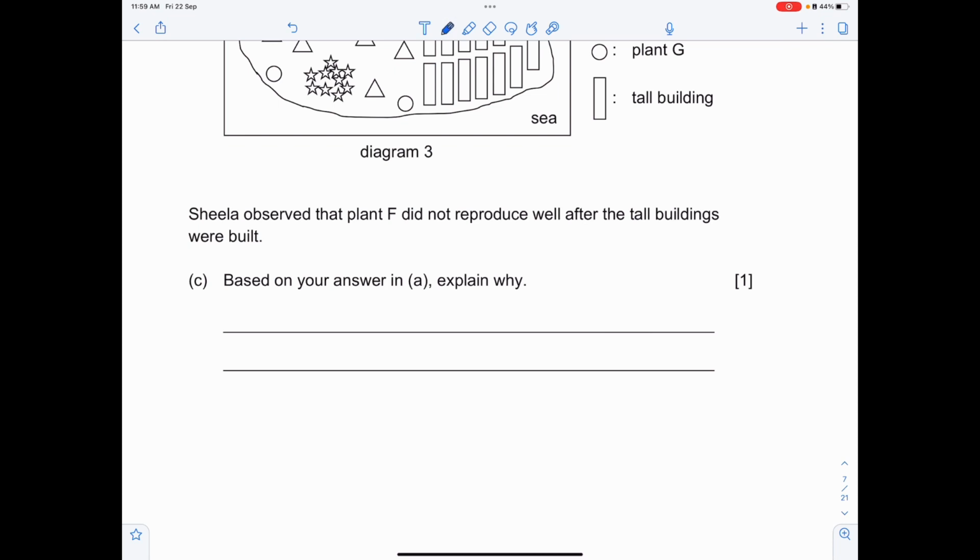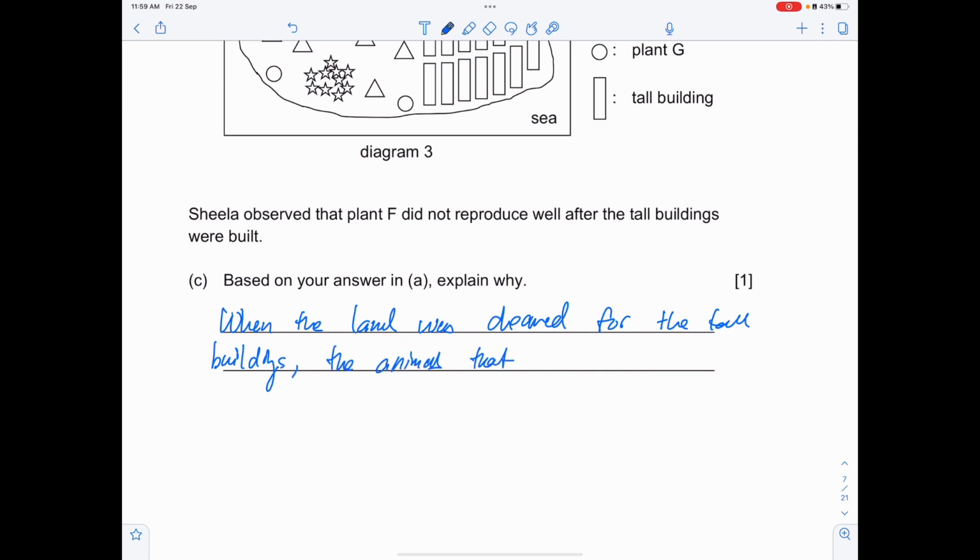So it will be, okay, when the land was cleared for the tall buildings, the animals that dispersed the fruits lost their habitat.